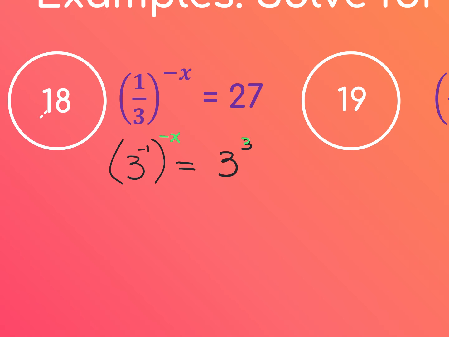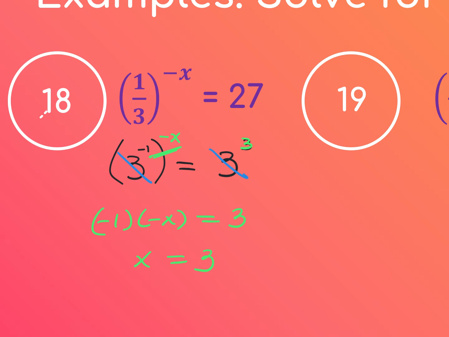So now the bases are the same. Get rid of the 3's. Again, remember, we need to multiply this power to the power. Negative 1 times negative x is going to give you positive x. So really what's happening here is negative 1 times negative x equals 3. Negative times negative makes it positive 3.